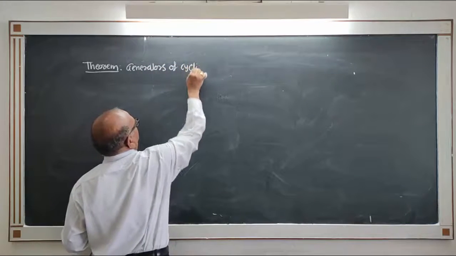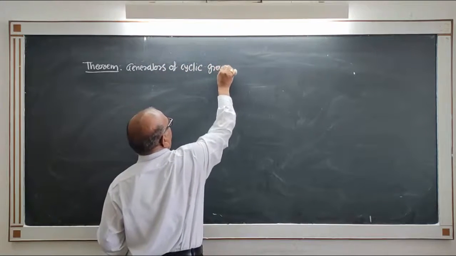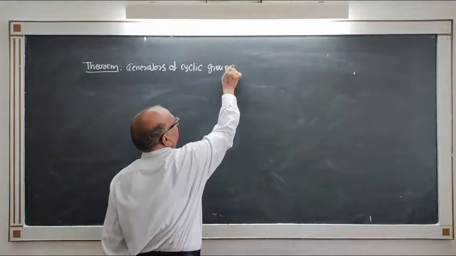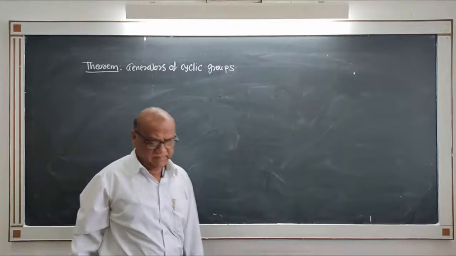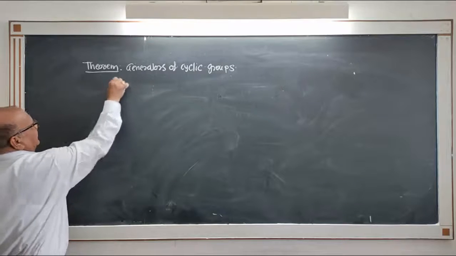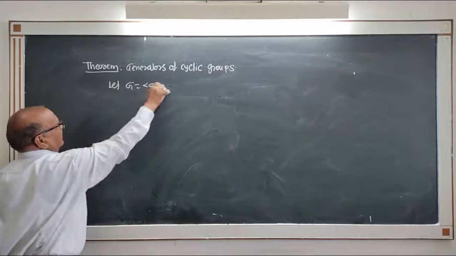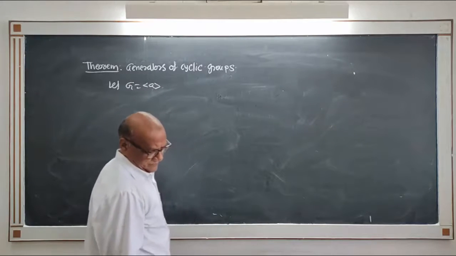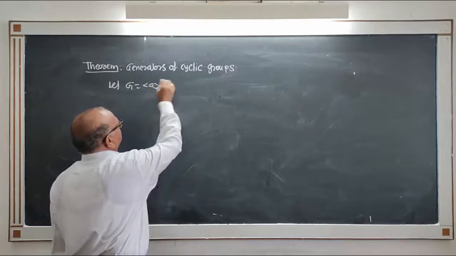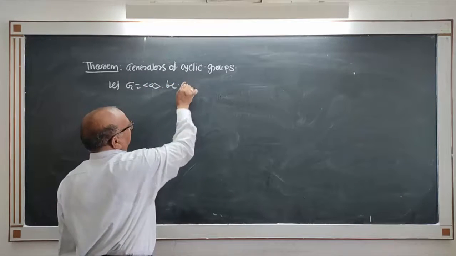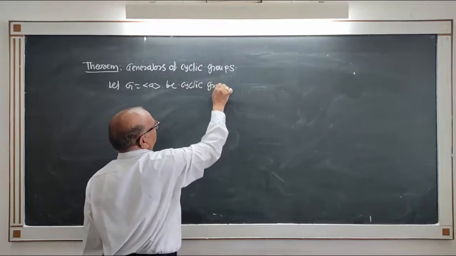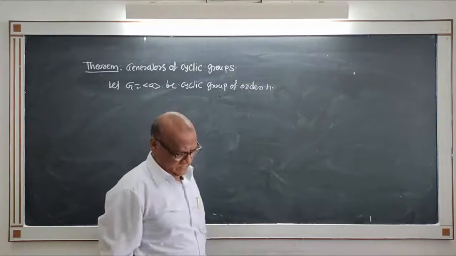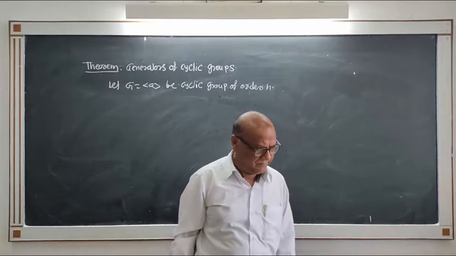Let G be a cyclic group generated by a. Let G be a cyclic group of order n.